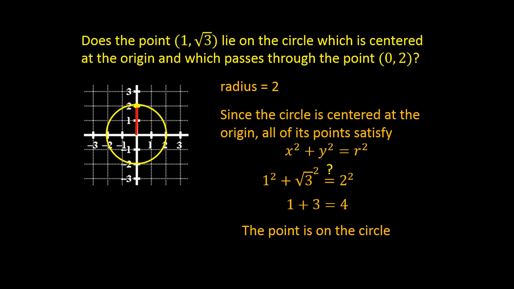Now if we had gotten a false statement, if we had 1 plus 3 equals 5, then we would conclude that the point is not on the circle. So that's 3 different things that are all related to the Pythagorean theorem. We'll get a chance to practice some of this in class.